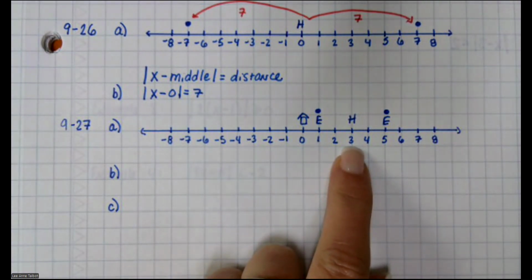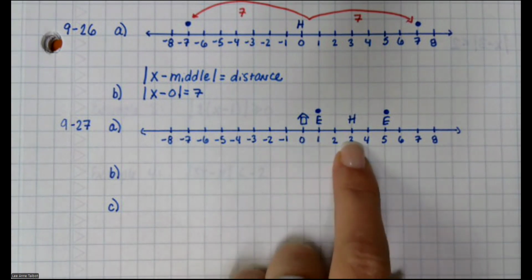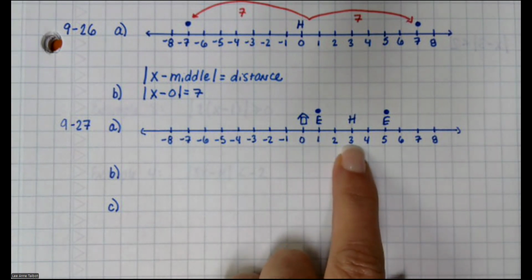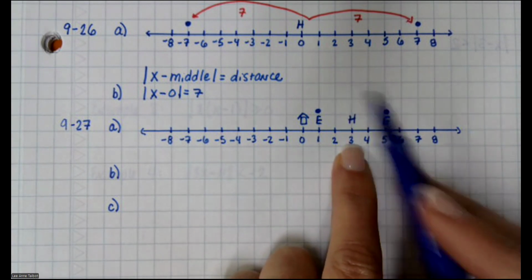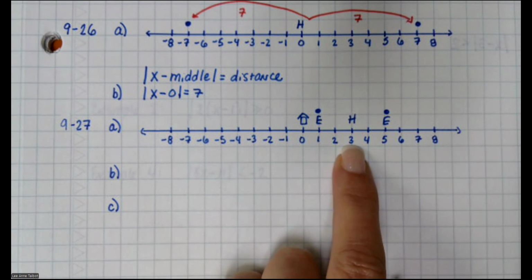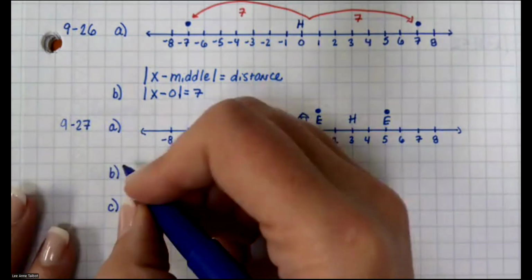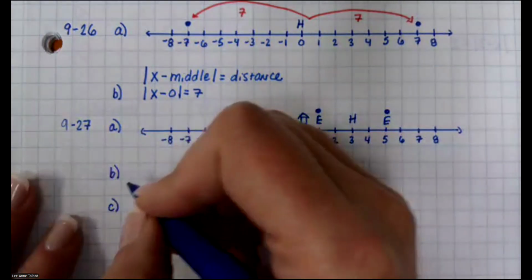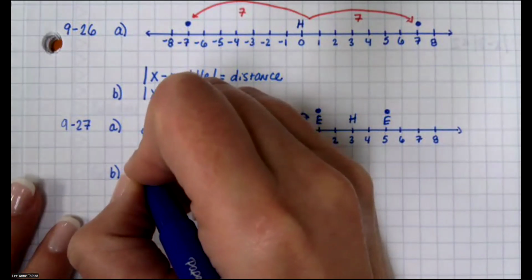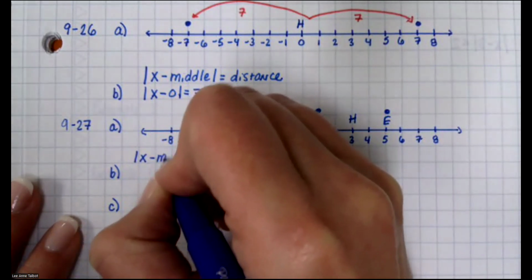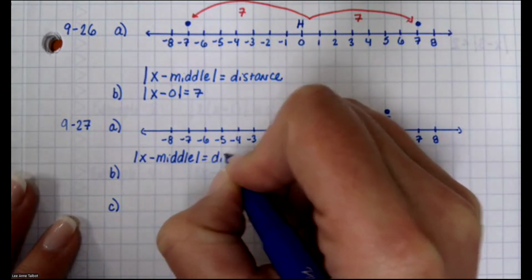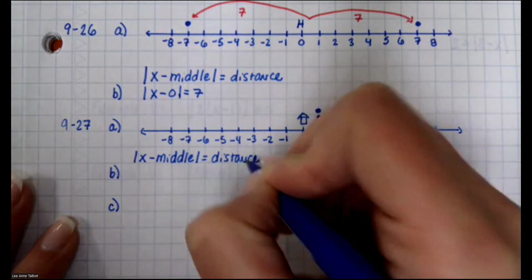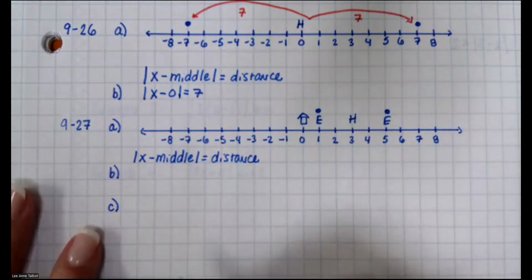Does that make sense to you guys? So Henry said he's 3 miles east from his house. And then Emerson said he's 2 miles away and he could be 2 miles on either side. We don't know which side. Okay, so now we're going to use my formula again, which is x minus the middle equals the distance.